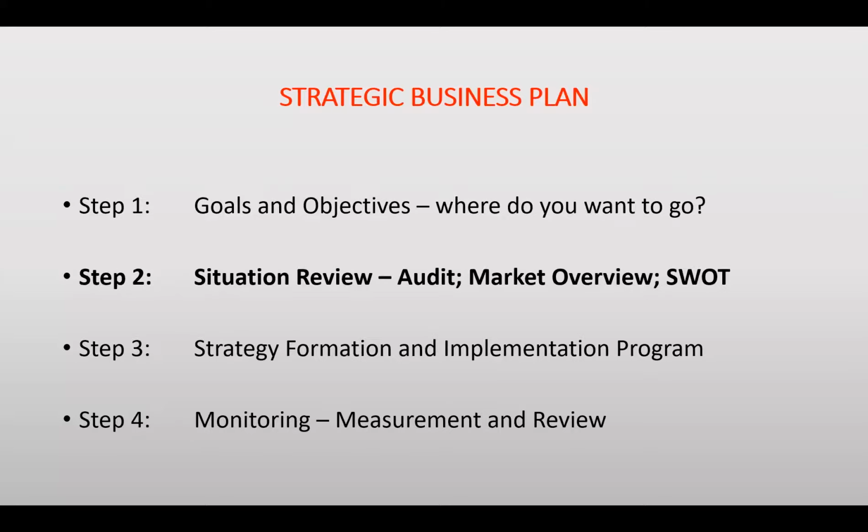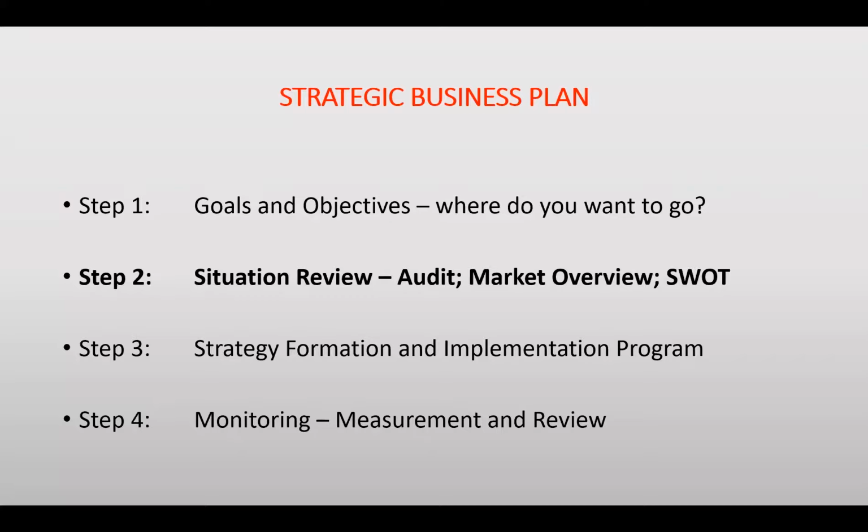There's 4 steps to develop a strategic business plan. Step 1, goals and objectives. Basically, where do you want to go? Step 2 is a situation review, operation audit, market overview, and SWOT: strengths, weaknesses, opportunities, and threats.